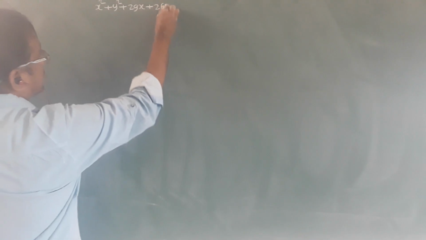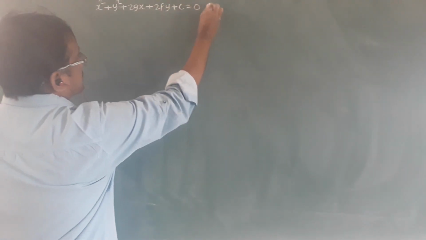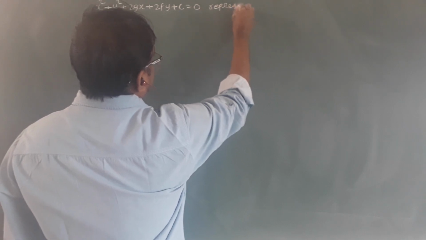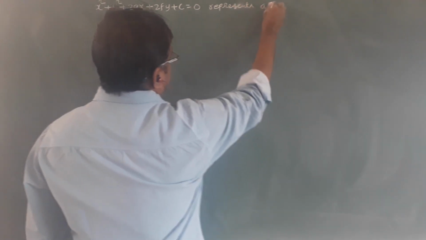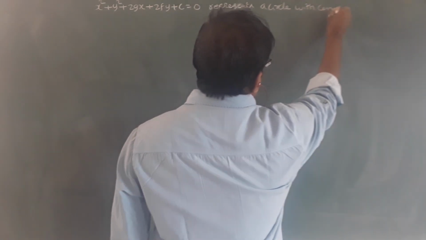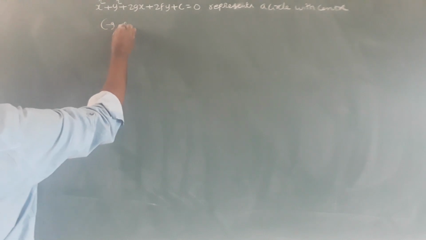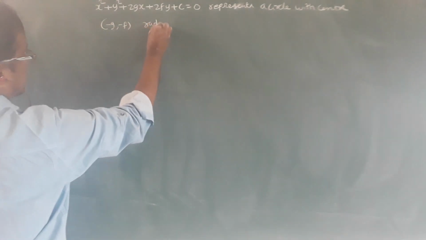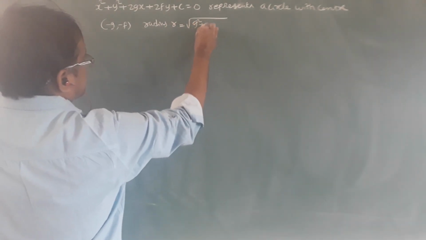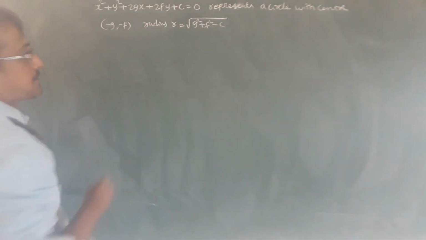The equation x square plus y square plus 2gx plus 2fy plus c is equal to 0 represents a circle with center (minus g, minus f) and the radius small r is equal to root over g square plus f square minus c.